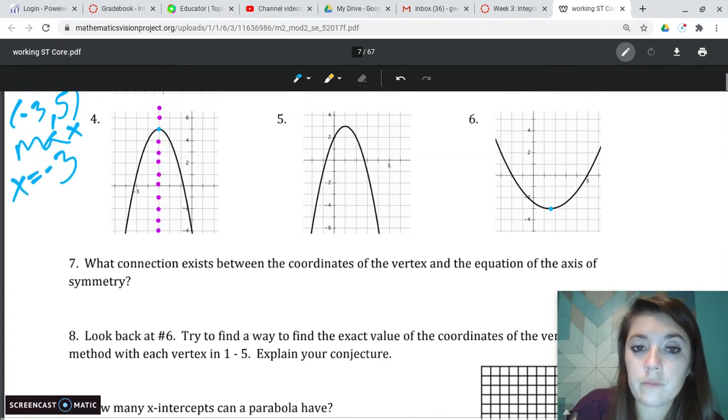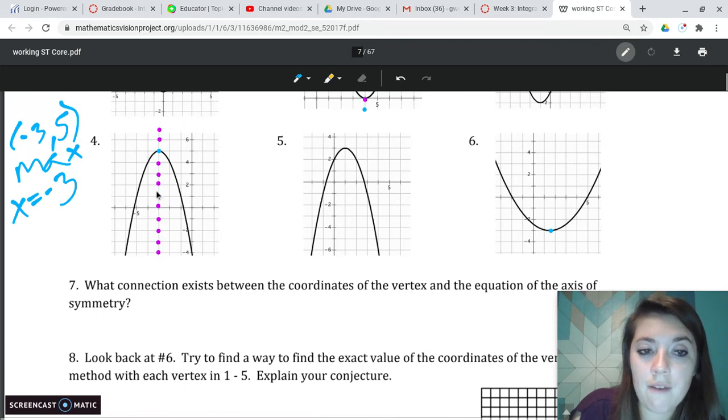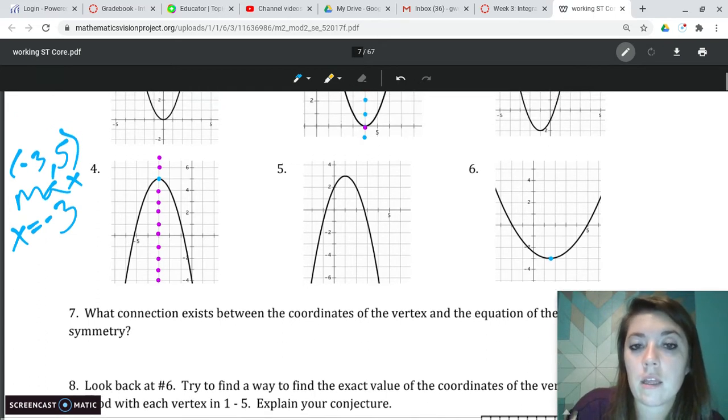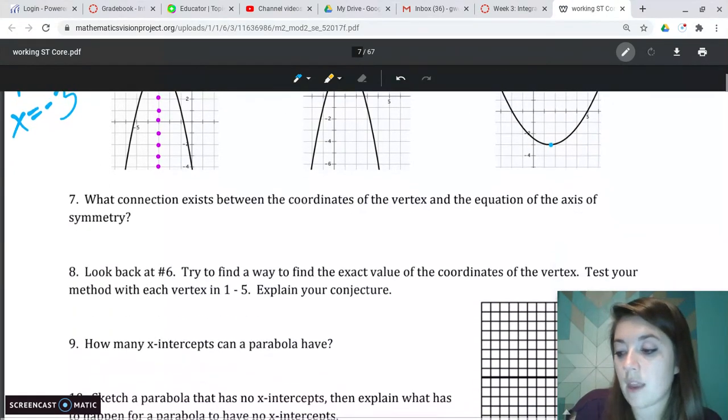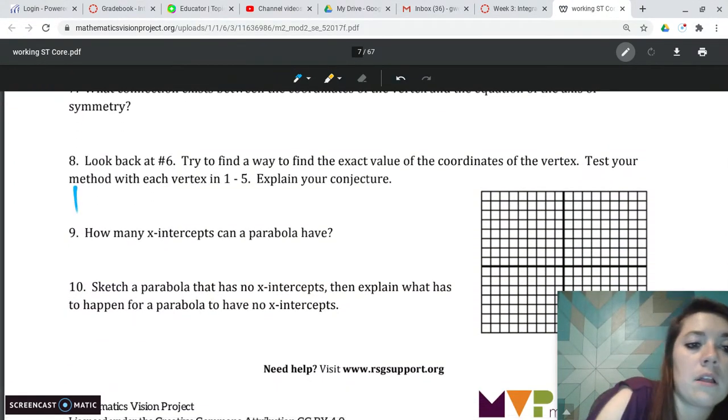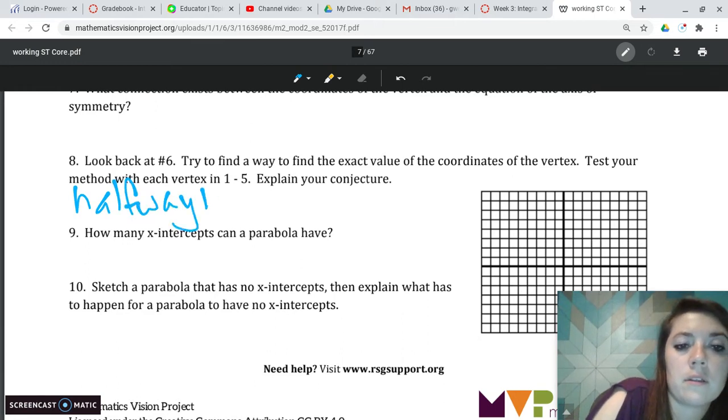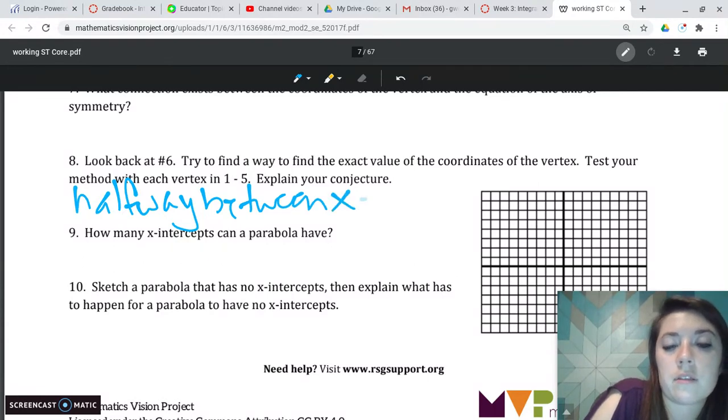Well, because we have this line of symmetry, we know it should be halfway between the x-intercepts. So wherever these two cross, halfway between is right there. Halfway between x-intercepts.